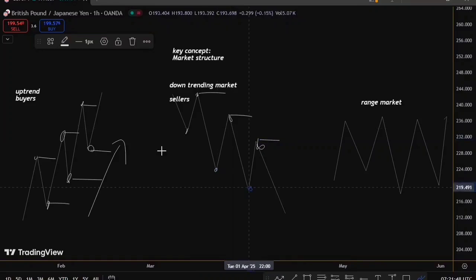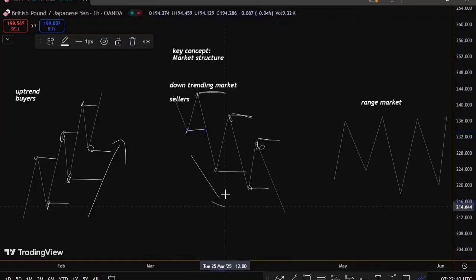So what do we want to see? For price to be taking out its lows and protecting its highs. We don't want to see the highs taken out in a downtrending market, but we want to see the lows get taken.